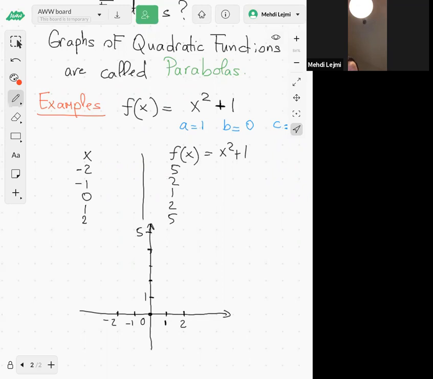So what I was saying. Here, 0, 1, -2, we said +5, and -1, we said it's +2. I need +2 here, same here, and same here. All right, so I'm going to join these points.